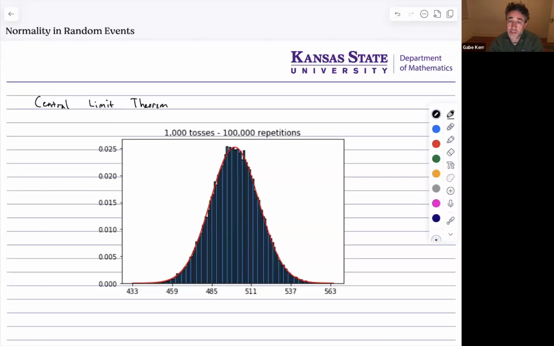Basically, what it says is that if you have a particular type of experiment, and you repeat it over and over and over again, and it's done independently each and every time, what you'll tend to have happen is the results of that experiment will start to look like a normal distribution, no matter what they look like initially.